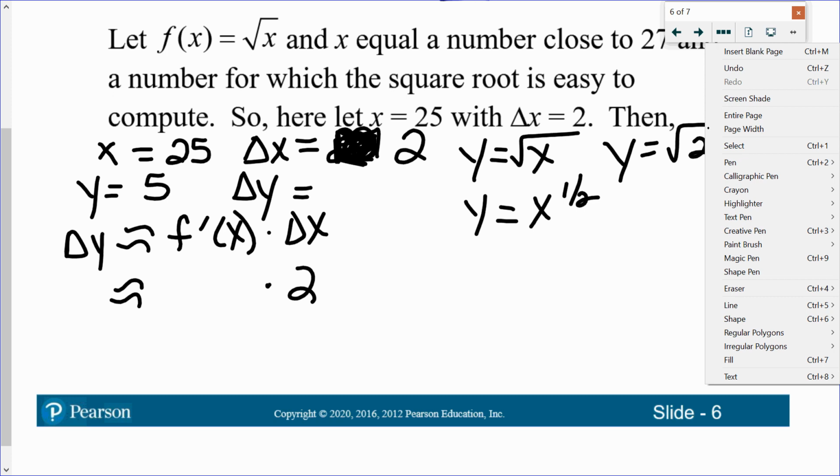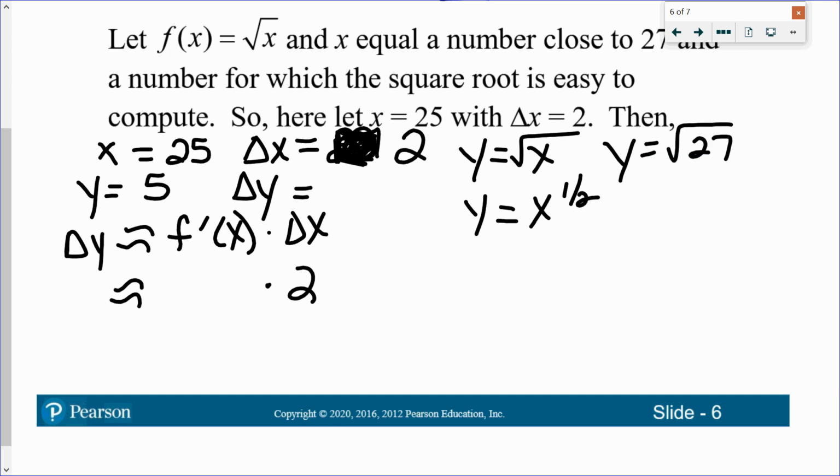Which means y prime is 1/2 x to the negative 1/2.